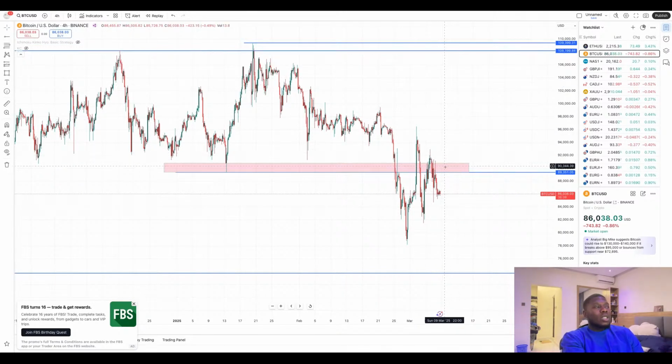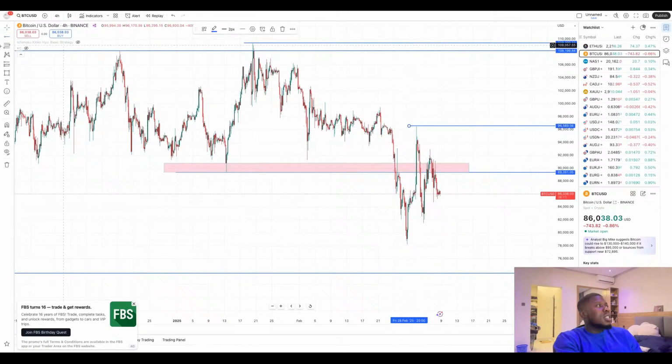I've not done any analysis showing whether Bitcoin has reclaimed this place or not, but if it reclaimed this place, trying to short Bitcoin in these zones on this 4 hours time frame is just wasting your time, because there are support and resistances here, and here, and here as we're moving.